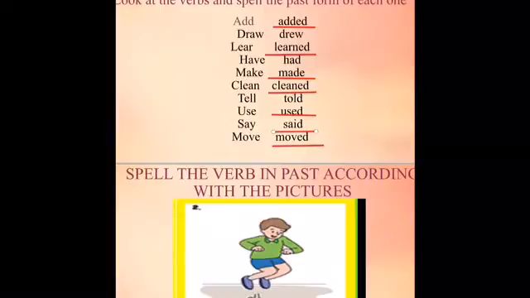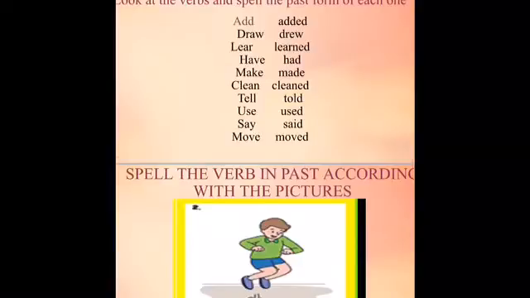Okay, all those verbs, guys, are regular. The ones that are not regular are told and drew. Okay guys, drew and told. Those are irregular verbs. So it's pretty easy for you to identify them.